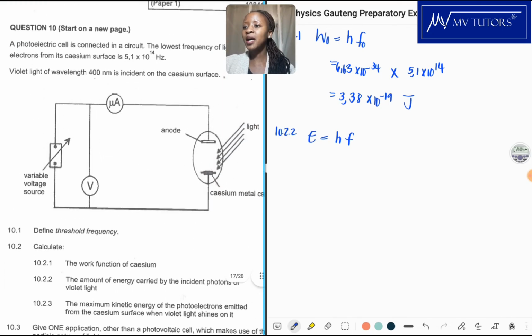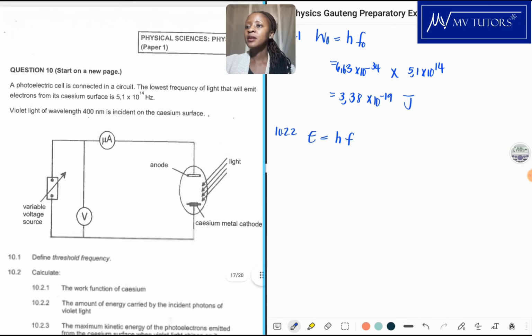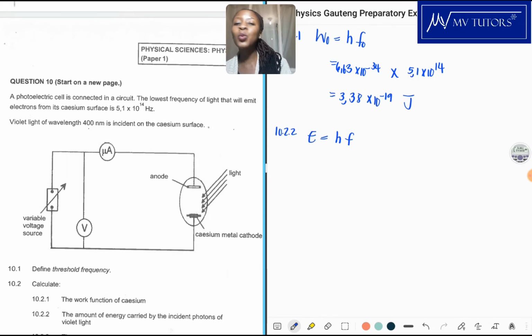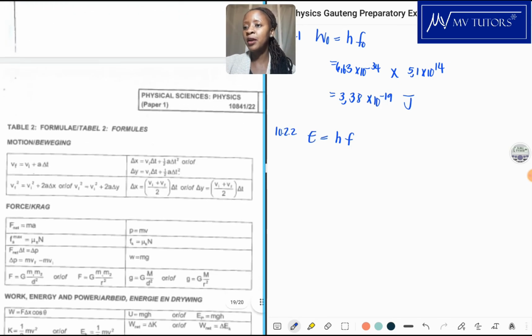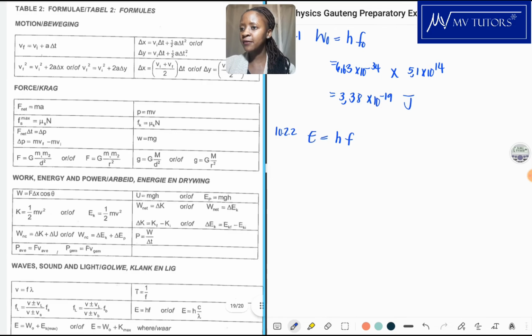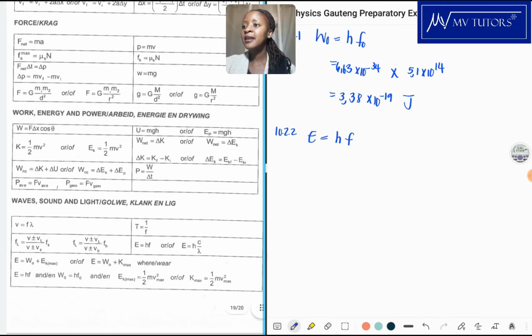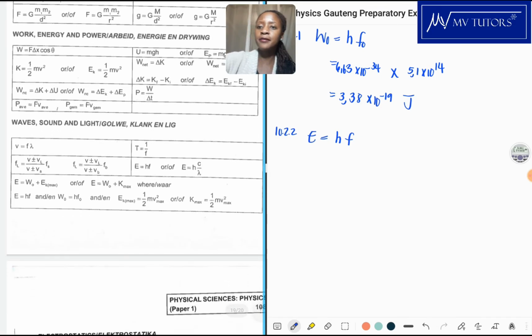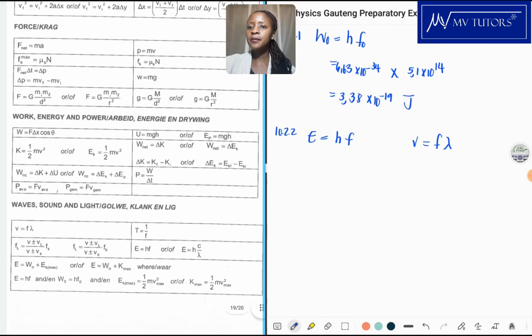So let's see, what can we do? What else was given to us? Apart from the frequency, we were given the wavelength, and we can do something with wavelength. If you have forgotten, just check if they gave us a formula. Yes, v is equal to frequency times wavelength, so it's basically your velocity.